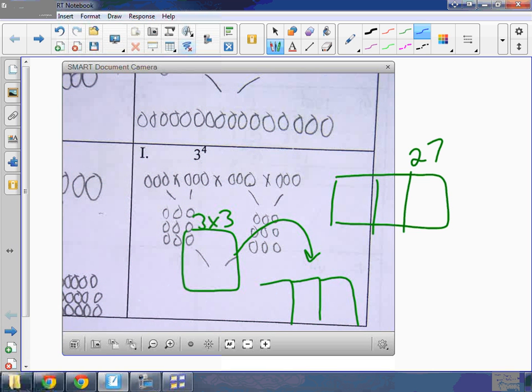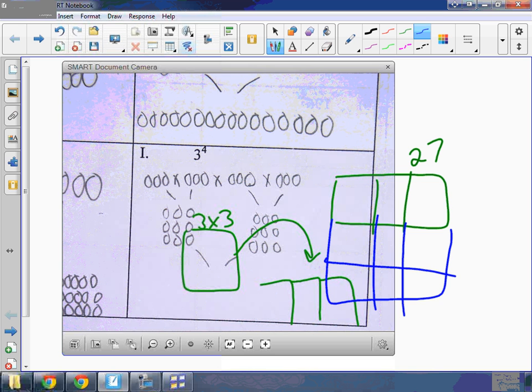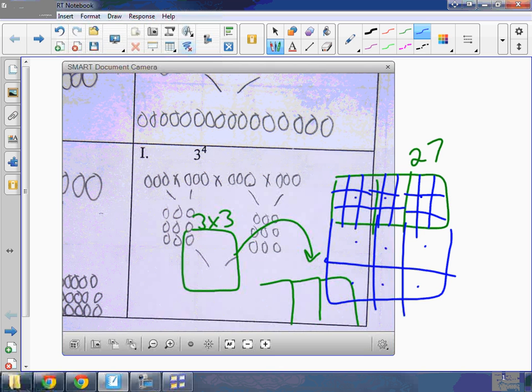So just like the first picture, I'm going to triple it. In my original, I had 3 dots, and I tripled it to get 9 dots. But when I got to 3 to the third, this was actually 27 dots. And I take those 27 dots and I triple it to get 81. Do you kind of see the pattern? Okay, that's one way to do it.